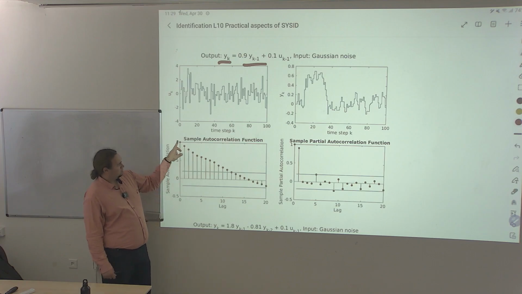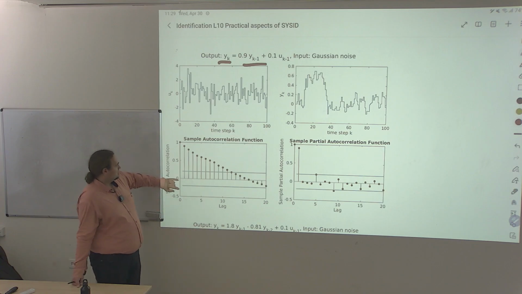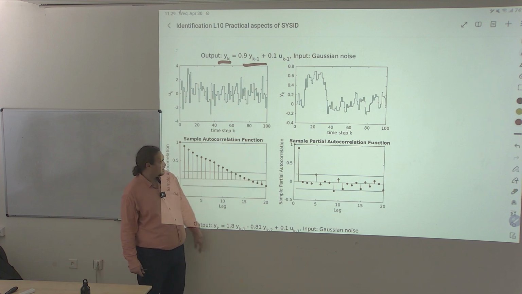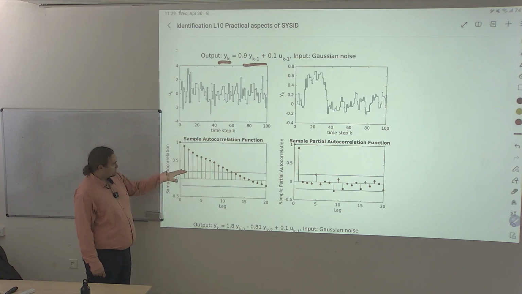But the problem comes here. If you are looking at this plot and you take into account, well, okay, whatever is in this blue band, I disregard. I don't take care. But still, there are a few stems which are more significant than the noise.